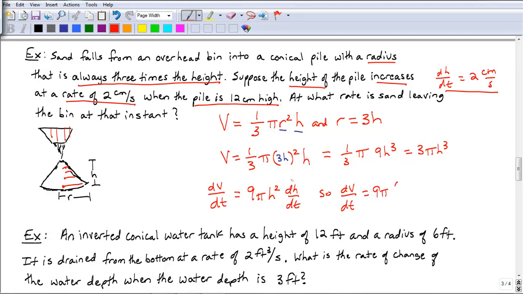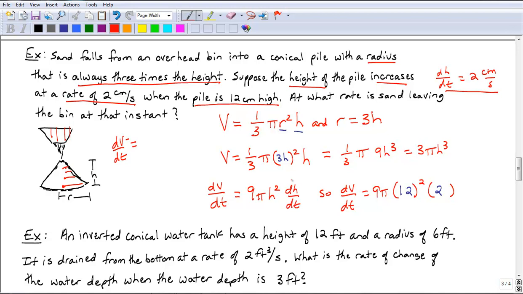9 pi, the height of the pile when we're looking is 12, and the dh dt is 2. And so I calculate this, and I get dV over dt, which is the change in the bin. Let's see, I have 12 squared times 9 times 2.